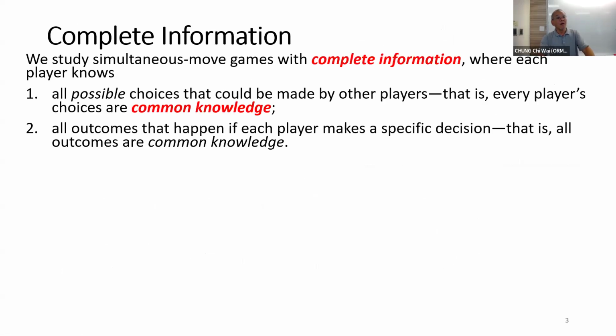So to analyze the game, we need to know some information. We assume the information is complete, although the information is not perfect. Complete information means that all possible choices that could be made by others are considered common knowledge.